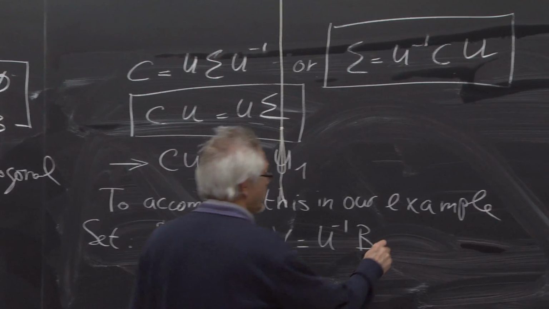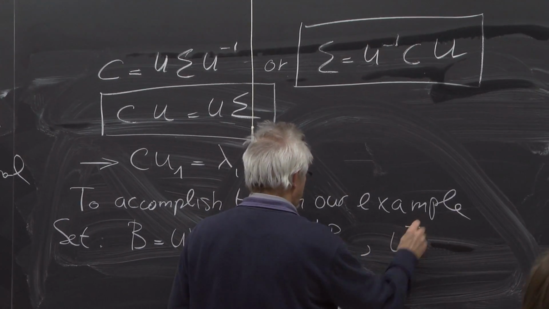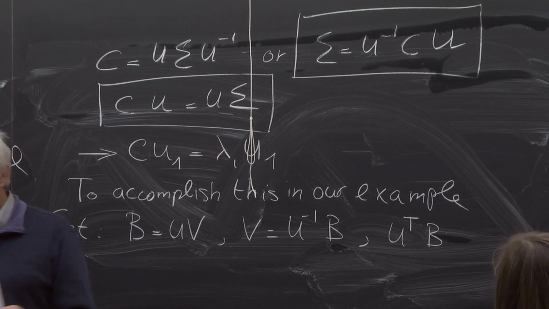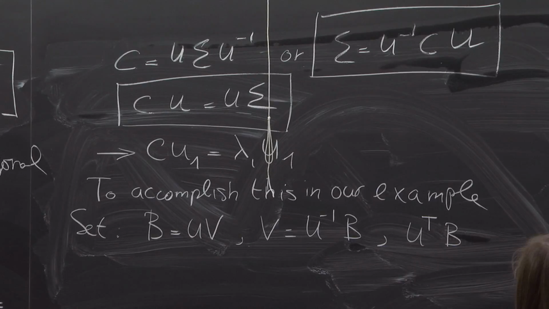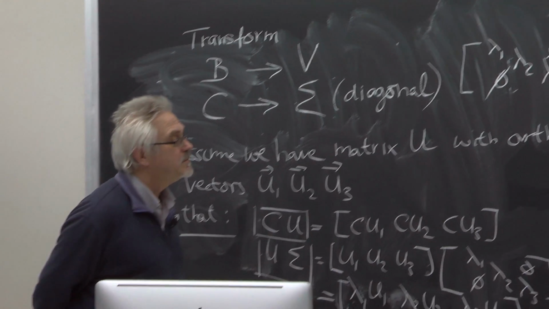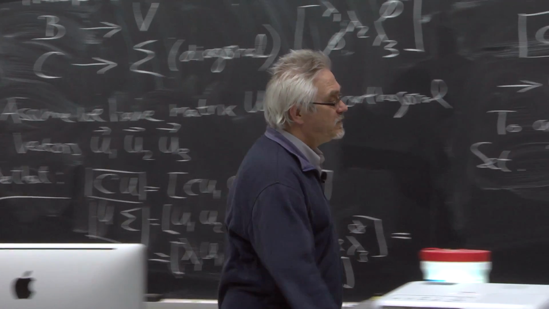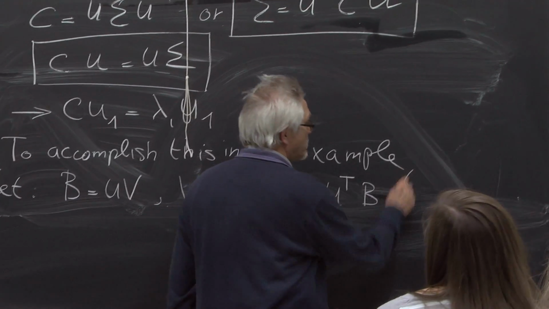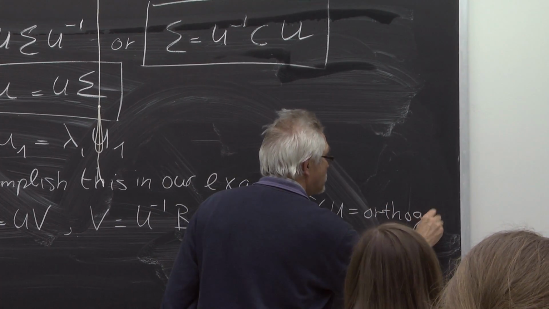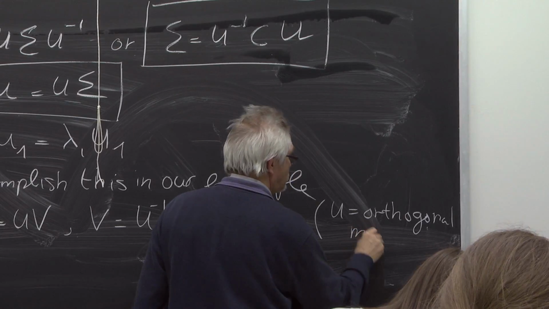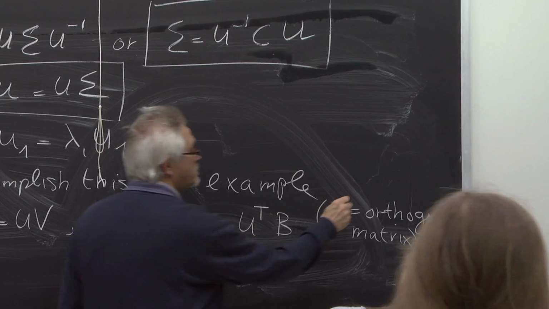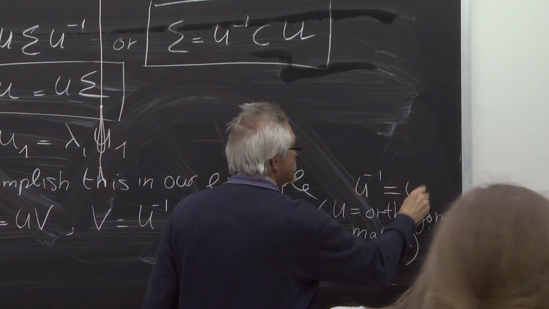And what's interesting here is that you can say that U minus 1 is equal to the transpose of U. And the reason is that U is an orthogonal matrix. That's the reason that you may say U minus 1 equals UT.